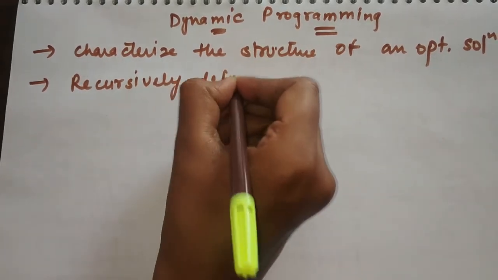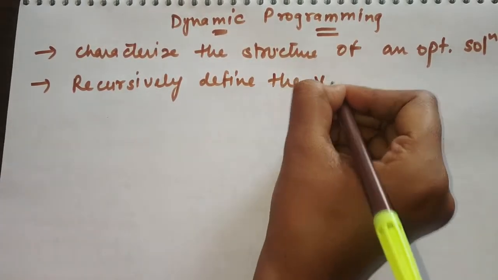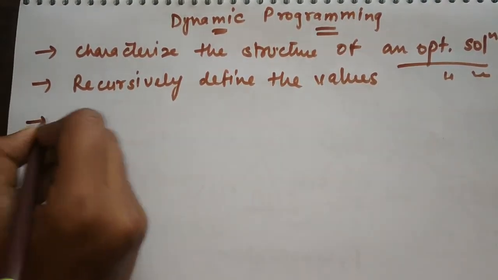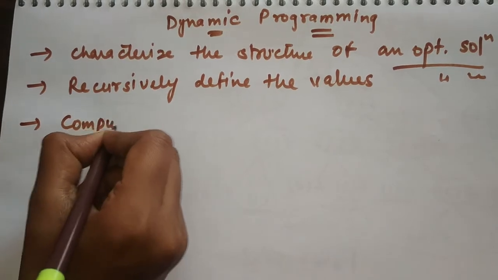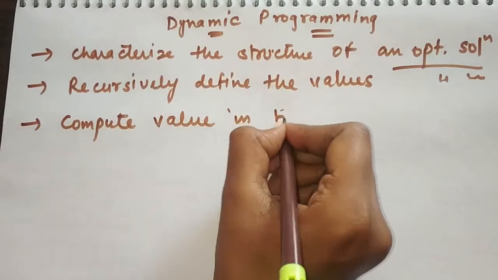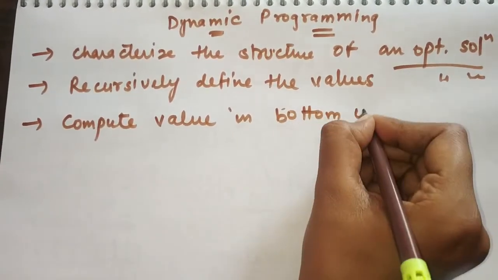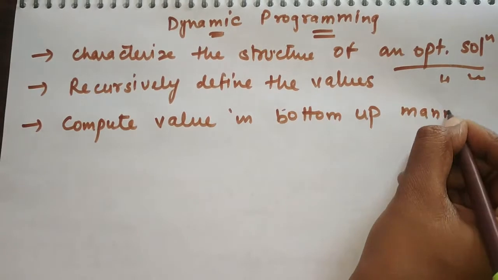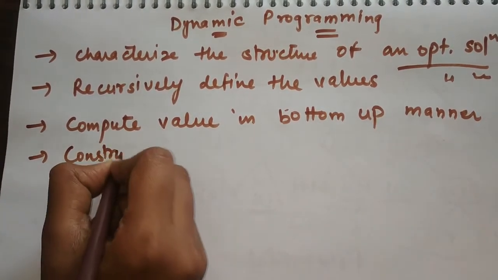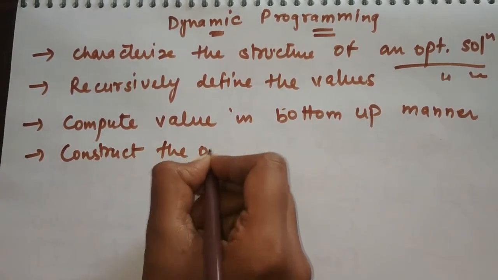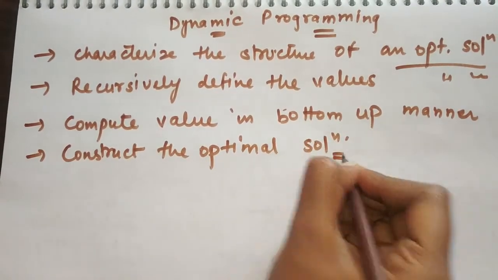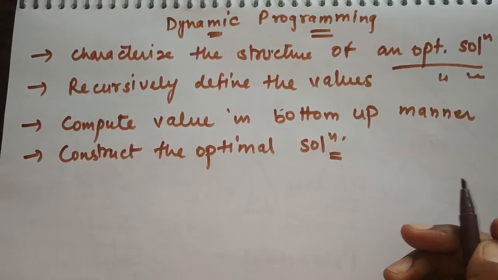Second step is to recursively define, or we have to look for the recursive equation, defining the value of the optimal solution. Third step is to compute the value in a bottom up manner. And fourth step is to construct the optimal solution.